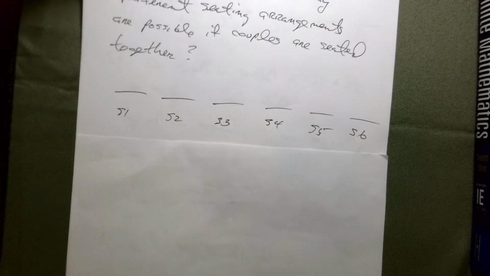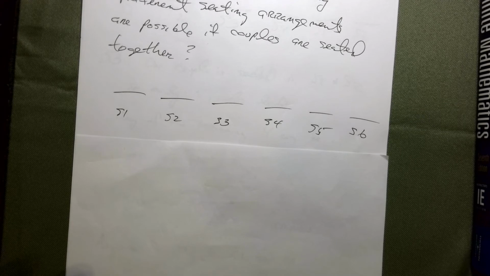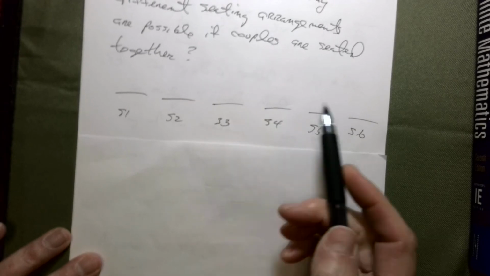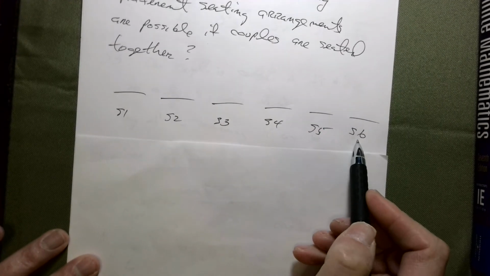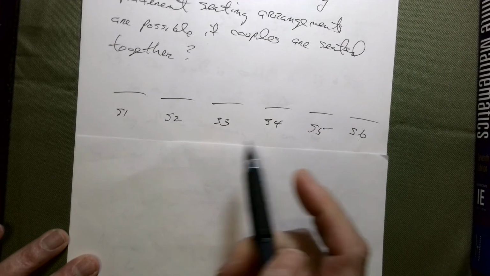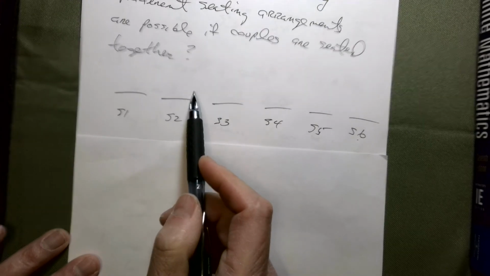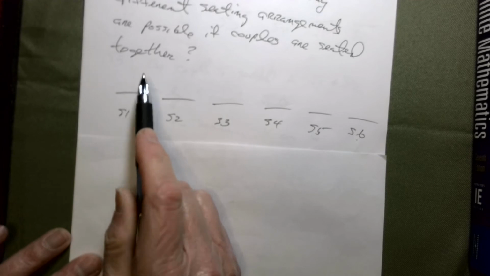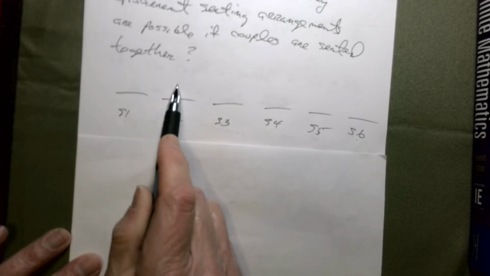So let's make a picture. Notice no formulas. I have seat 1, seat 2, seat 3, seat 4, seat 5, and seat 6. All right, so if I put a couple, that means I could have one person here or I could flip them, right?